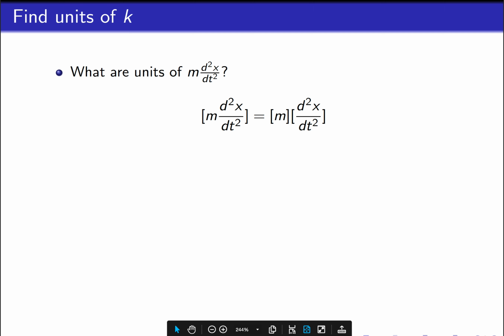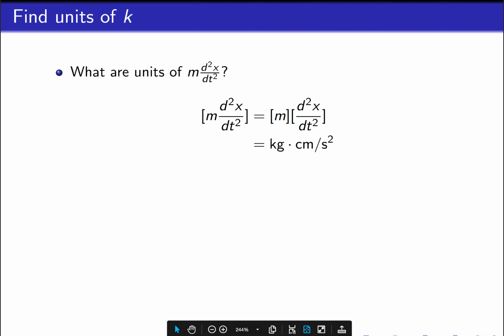We know that the units of a product is the product of the units. So the units of the first term will be the units of m times the units of the second derivative of x. Well, the units of m, that's mass, we know that's kilograms, and the second derivative of x represents acceleration. So it will be the units of centimeters per second squared.